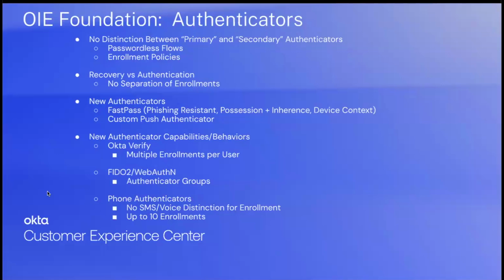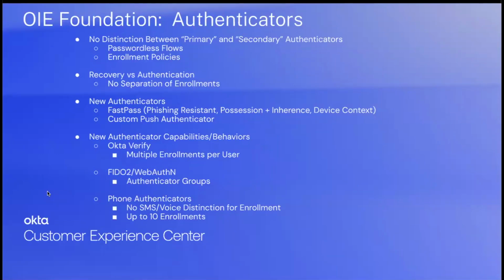And then for phone authenticators, there are some new behaviors. There's no longer a distinction, at least from an enrollment standpoint, between SMS and voice. Everything is just phone. Whereas in Classic, when you enroll, you would have a distinct enrollment for SMS and a separate distinct enrollment for voice, and you can only have one of each.